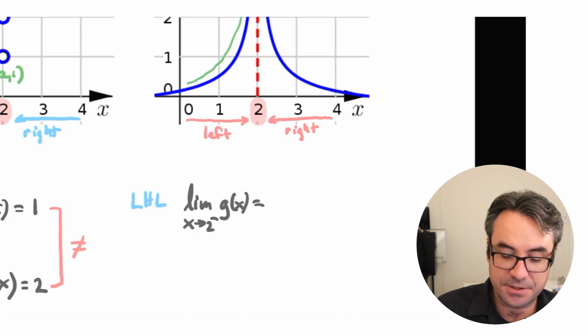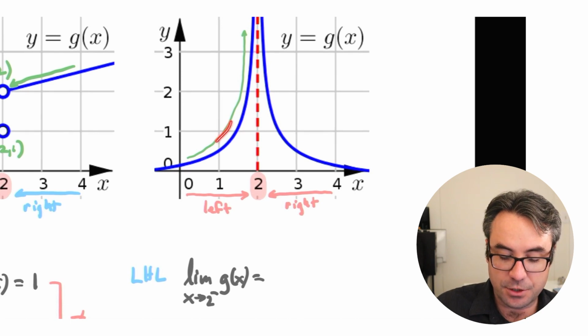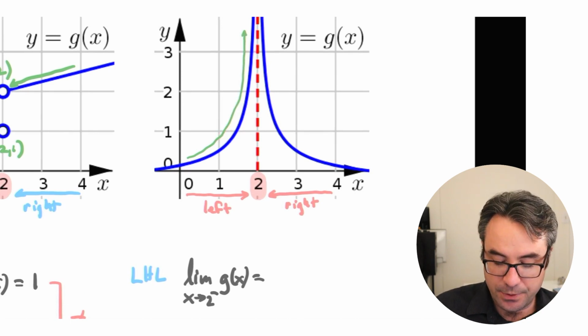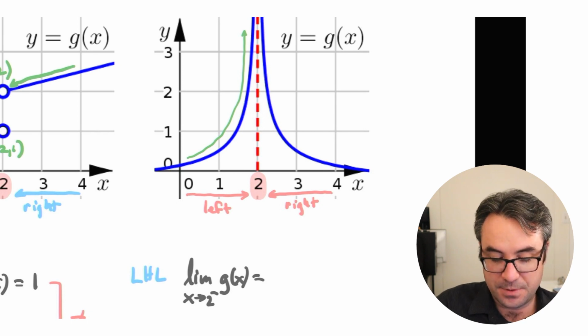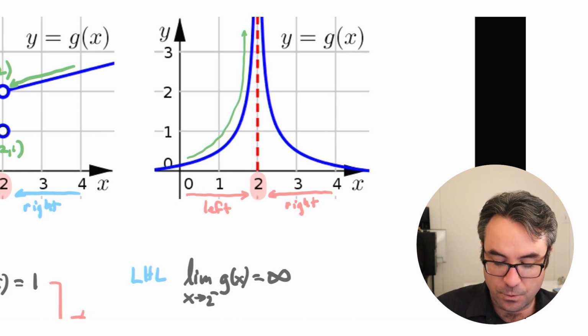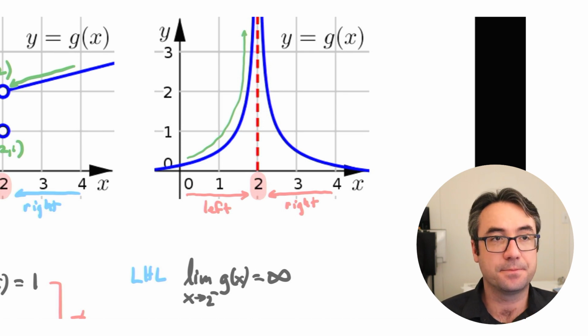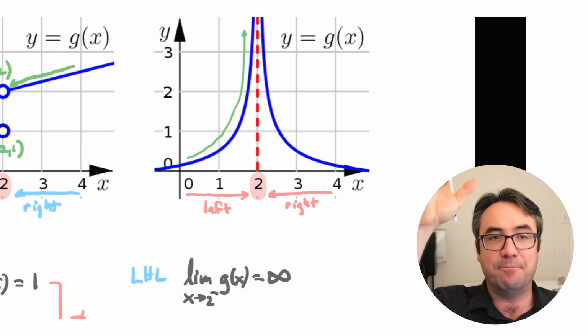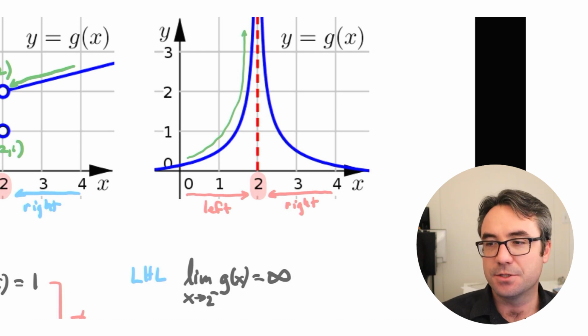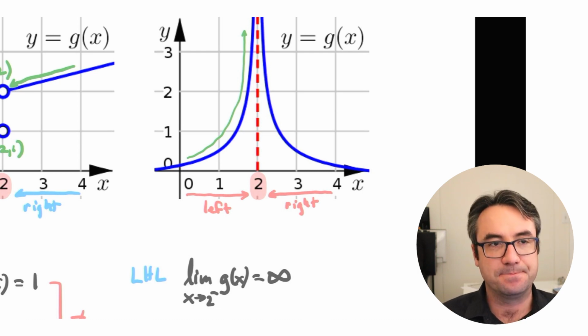But our curve looks like it's going up and up and up, so we would say this limit is infinite. We're not headed towards one specific point. We're just heading up, off to infinity.